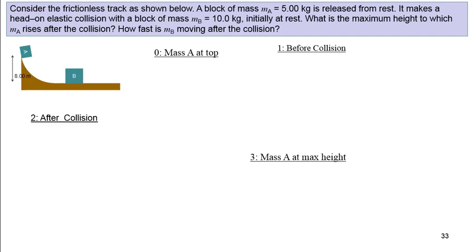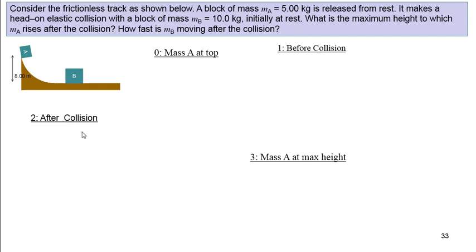It's just obvious based on the description. However, you do have to be told in the problem that the collision is perfectly elastic, as you are in this problem. You cannot just assume that a collision is perfectly elastic. Okay, so this is an elastic collision.